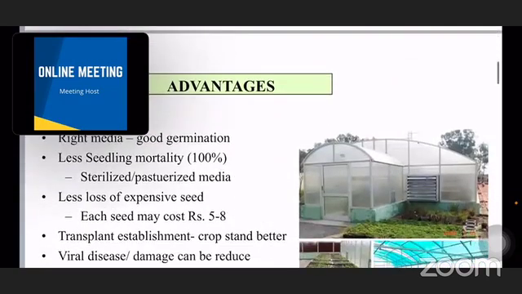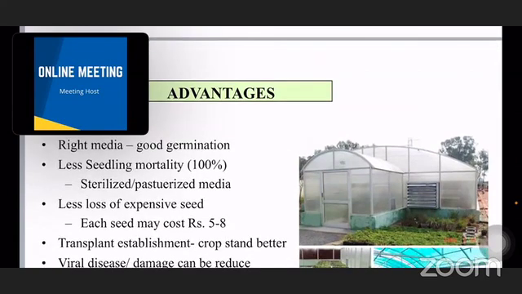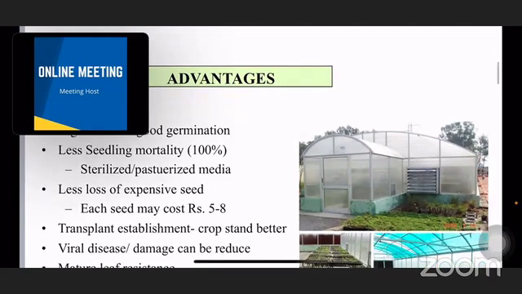What are the advantages of the high-tech nursery? This helps with good germination of the seedlings. If we use the right media, we can get 100% seed germination and 100% less seedling mortality. We cannot expect even one seedling death here, because we are using sterilized and pasteurized media.